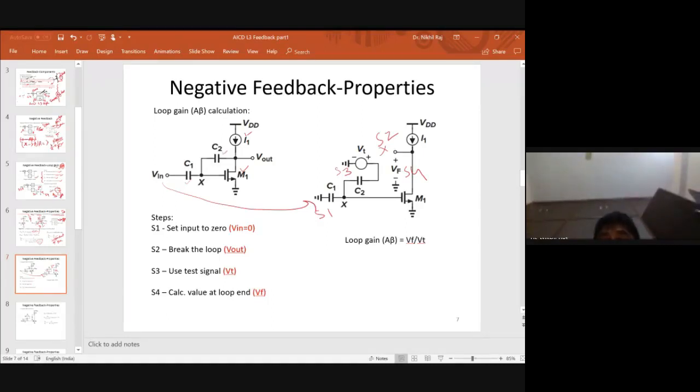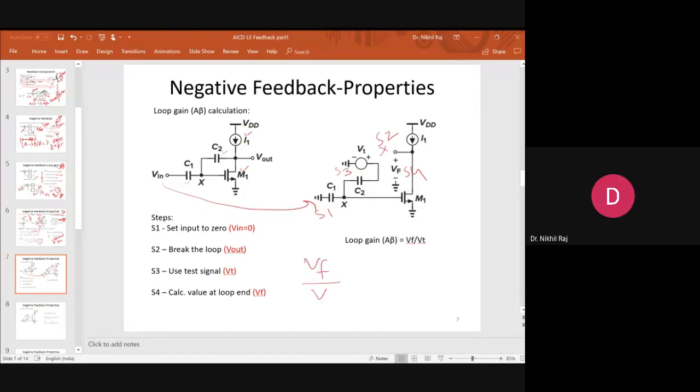Now we can easily calculate what VF is. We know this is a common source amplifier with a current source load. So I can directly write here VF by Vx, where Vx is the gate node, will be equal to minus Gm1 into RO1 parallel to infinite. And then we have to predict what Vx is in terms of Vt.